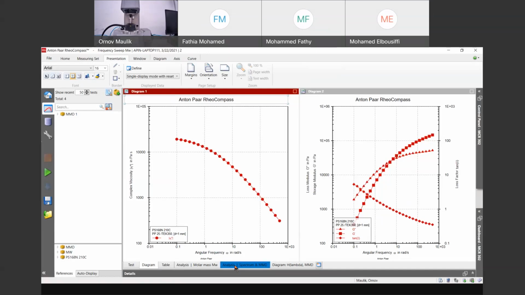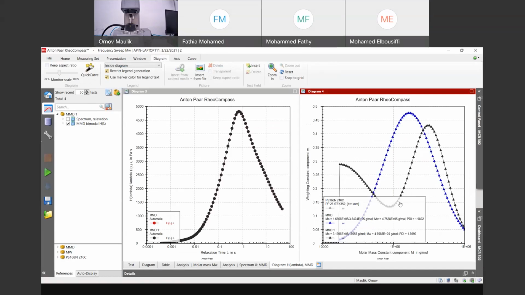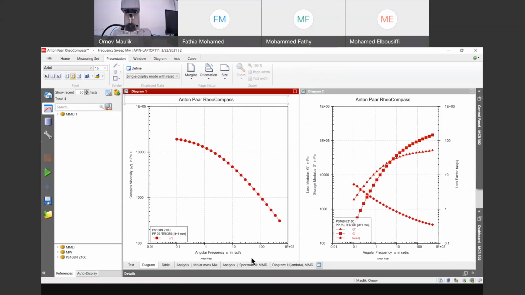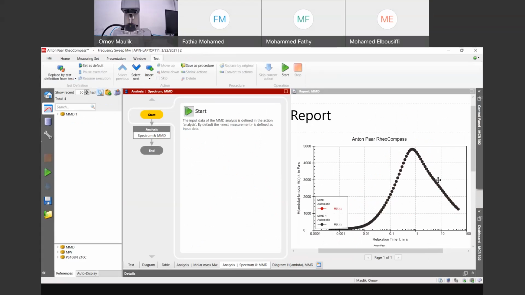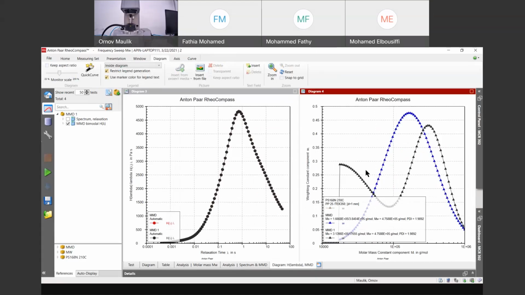Another advantage is you can get a very nice molecular mass distribution. Here you can see the molecular mass distribution. This data can be converted into a relaxation spectrum, like over here, and this relaxation spectrum can be converted into the molecular mass distribution.